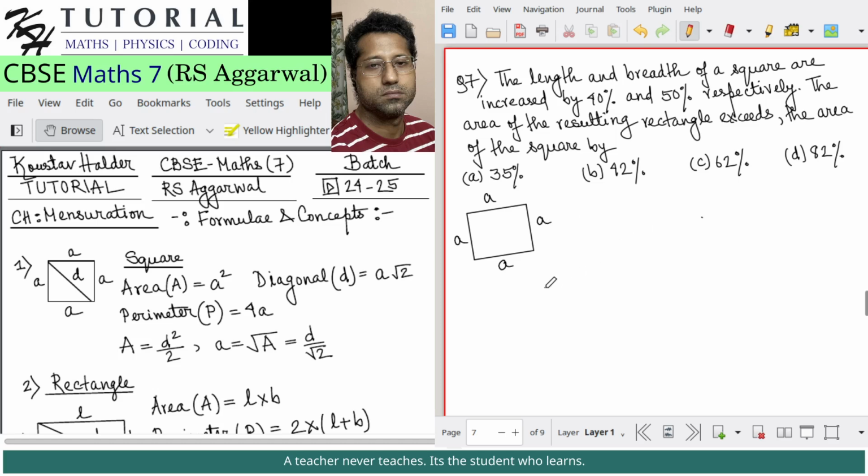So let's say, from this square, this is the length and this is the breadth. So the length and breadth of a square are increased by 40% and 50%.